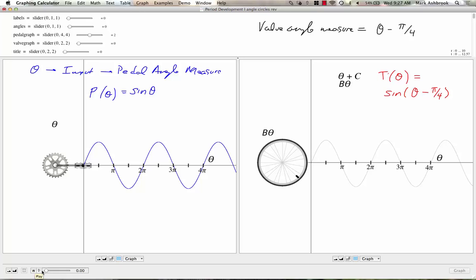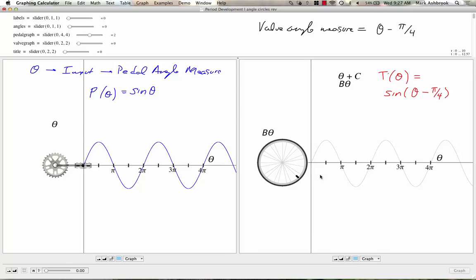After. Okay? So if we're looking at increasing theta along here, what does it mean for the cycle to start later? Here's where the pedal cycle starts. And the tire valve is going to start later, after. So does it start here, or here A, or here B?